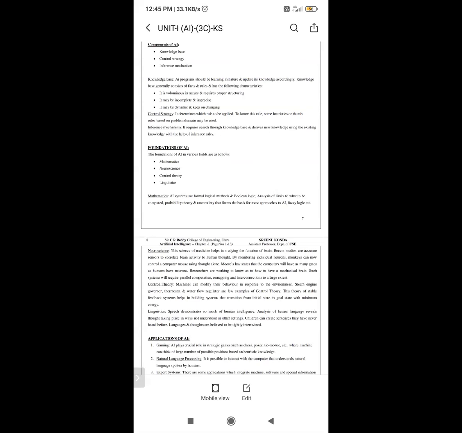An analysis of human language reveals that the thought that takes place is not always understood in other settings. Children can create sentences they have never heard before. Languages and thoughts are believed to be tightly intertwined.